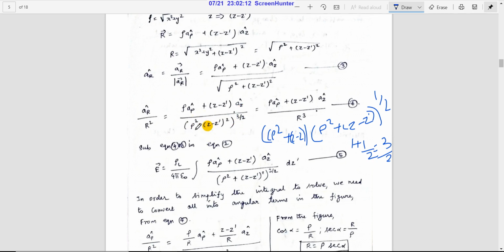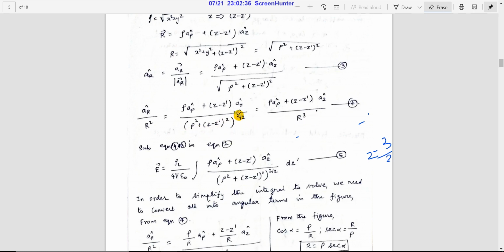If we multiply these two values, the powers are added, so our power is going to be 3 by 2. That's why this term has come as rho square plus (z minus z dash) whole square to the power 3 by 2.